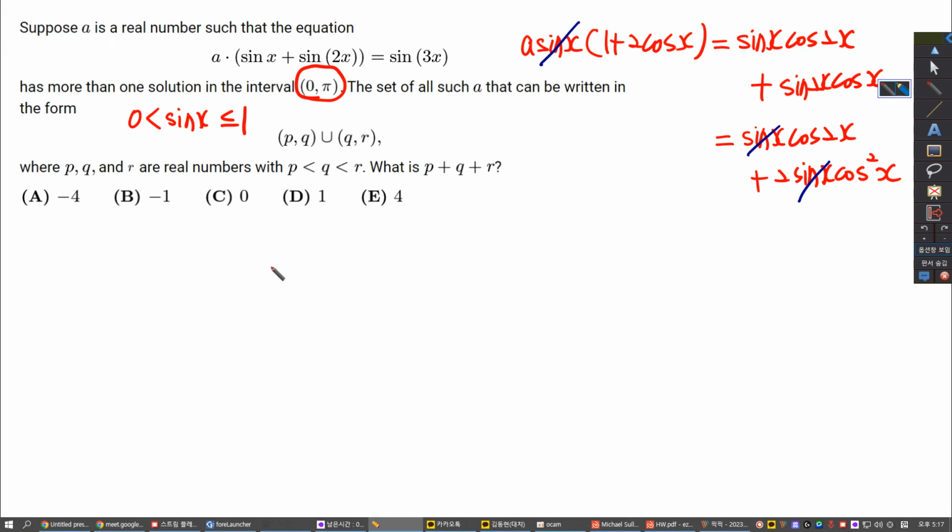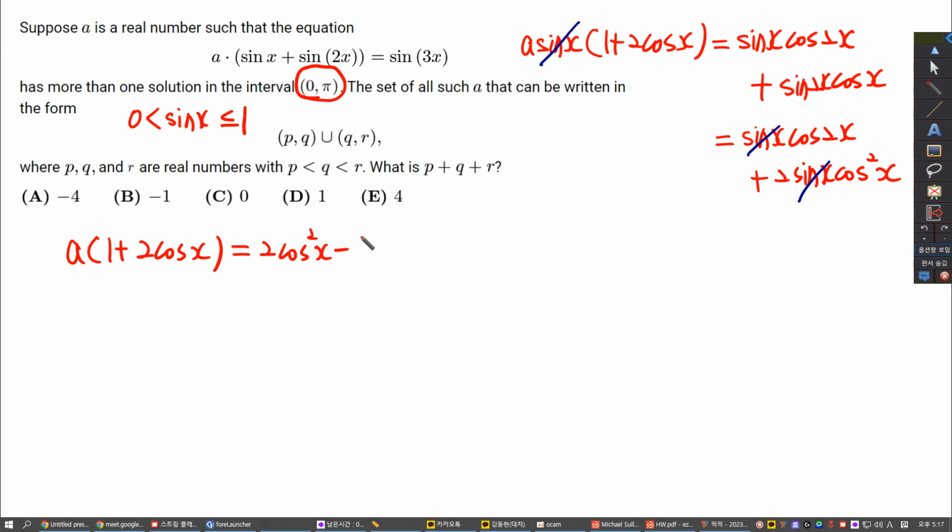And after this, this cosine 2x is, yeah, 2 cosine squared minus 1.